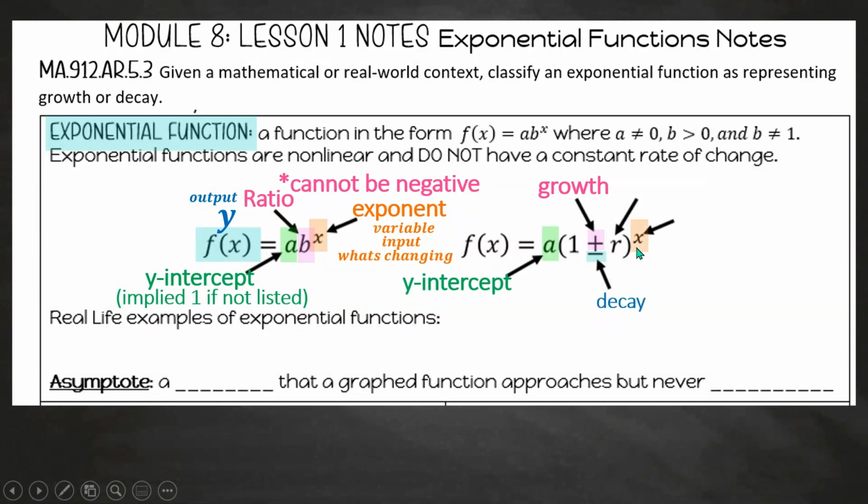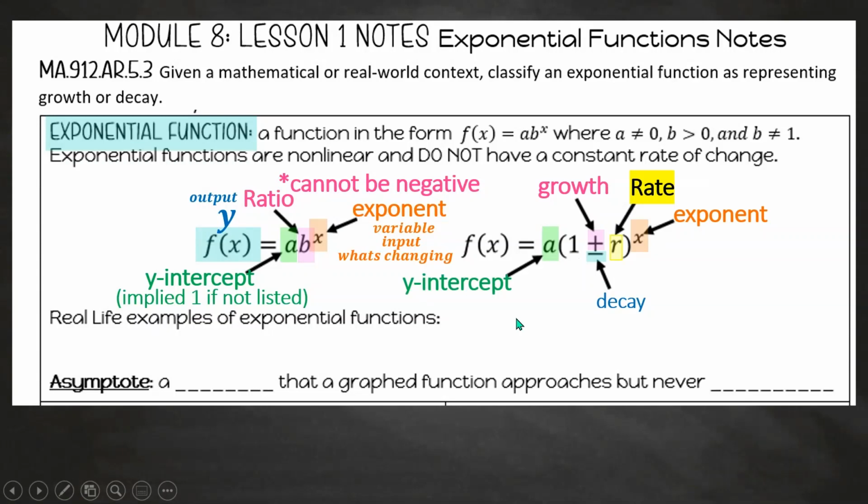The x is still the exponent, and then we have this r, which we didn't have over here. The r is the rate, so how is something changing? Again, it relates to 1. Either we take that rate away from 1 or we add it to 1, and that will tell us if it's growth or decay.